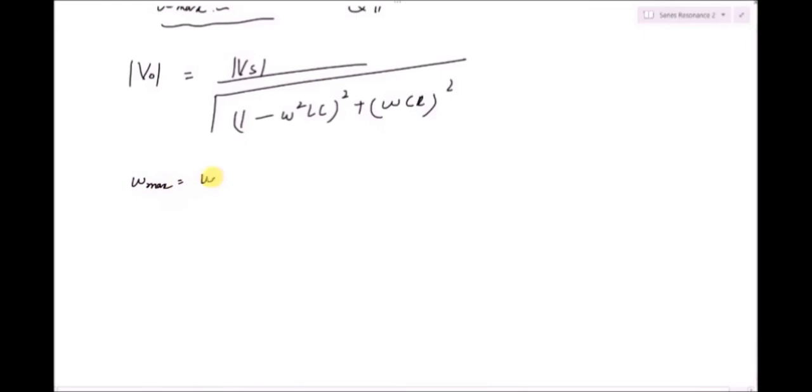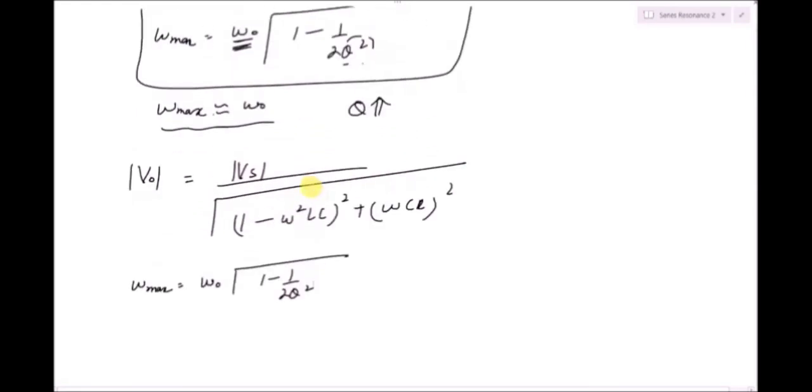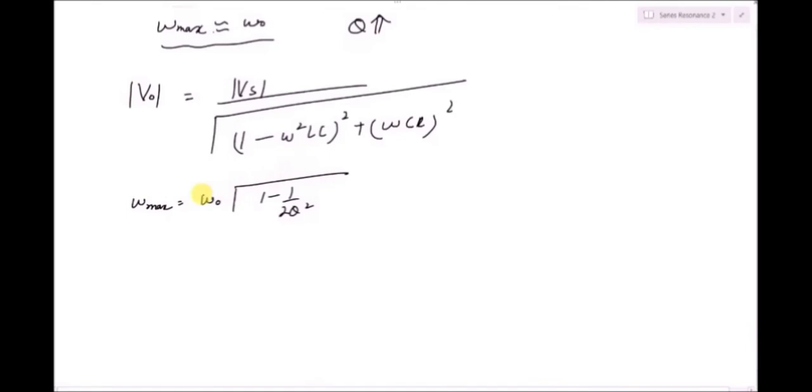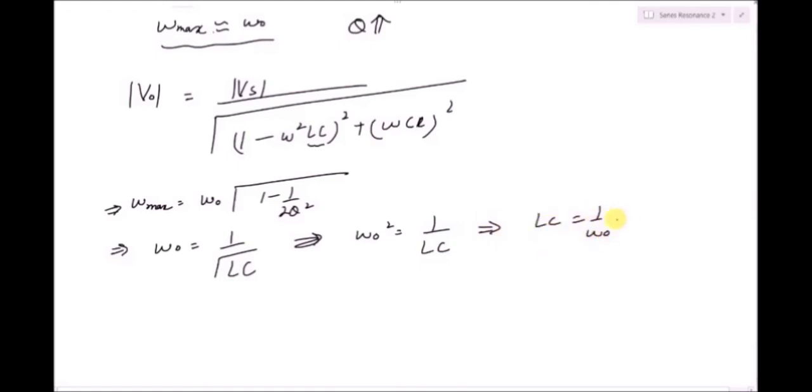That is equal to omega naught under root 1 minus 1 over 2Q square. Then I know that omega naught is equal to 1 over under root LC, so omega naught square is equal to 1 over LC, and from further solving it, LC is equal to 1 over omega naught square. I will use this value here.